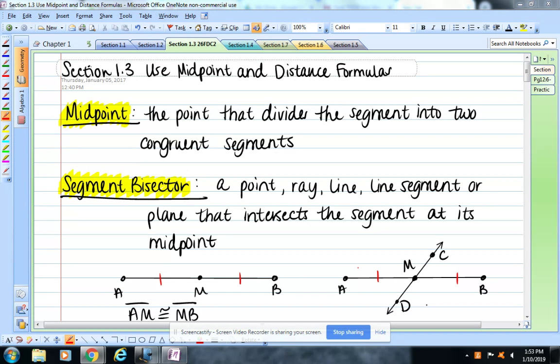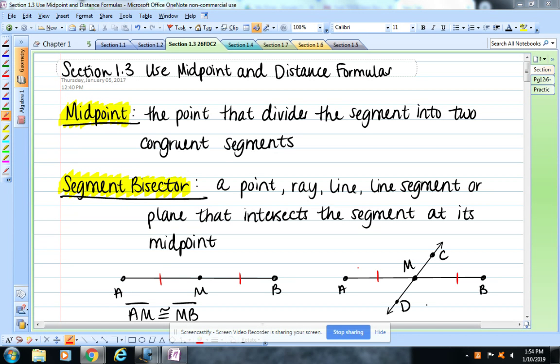So a midpoint is the point directly in the center of a segment that makes two equal segments on either side of it. Okay? So another thing we have is something called a segment bisector. Now, anytime in geometry class, if you hear me say the word bisector, it's going to divide something exactly in half.